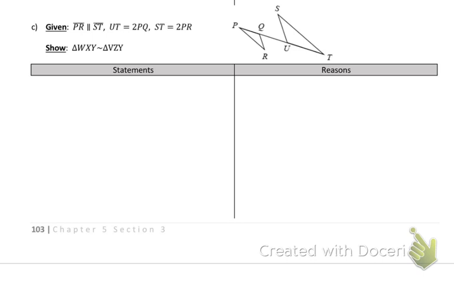All right, our very last one. We have parallel lines, and we have these two statements after them. Let's do the parallel lines first. They tell me PR is parallel to ST. That is given. So PR and ST, let's highlight those two lines.